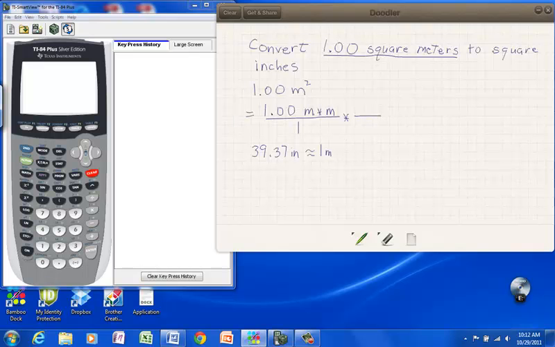We want the meters to cancel, so we'll put 1 meter in the denominator. And the meters will cancel. But just one of the meters cancels with this fraction, and we need to convert both of the meters, so I need to multiply by another fraction, and I still want the meters to cancel, not the inches, so make sure that you still put the 1 meter in the denominator.